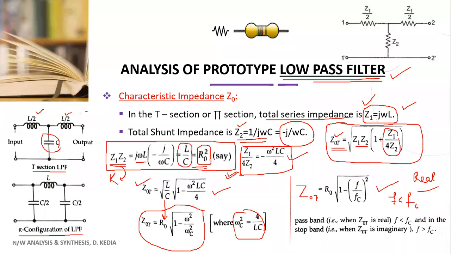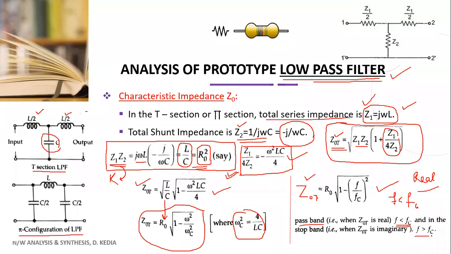If F is less than FC, this term will be less than 1, and this entire term will be positive, and your under the root will be positive. That will give you constant positive value. Okay, so when F is less than FC, your Z naught T is real. It means it passes those frequency, means it is pass band. So it means it passes low frequency.